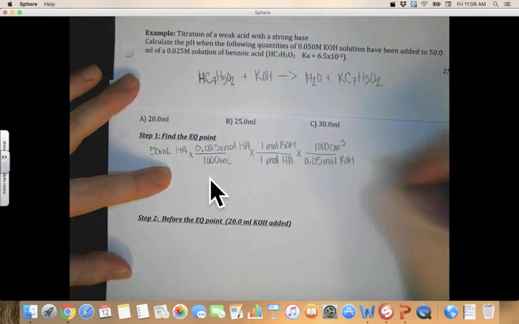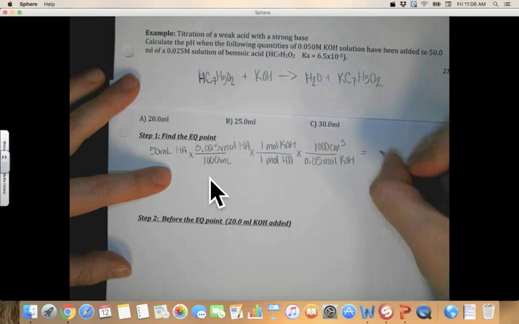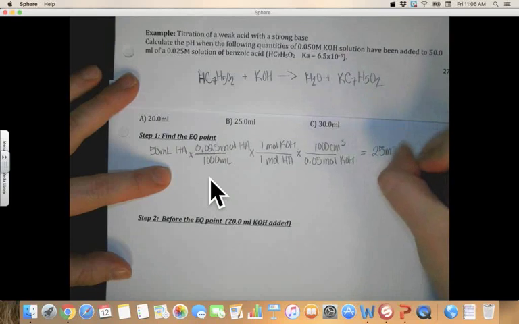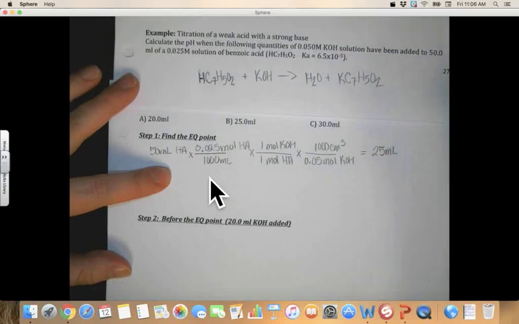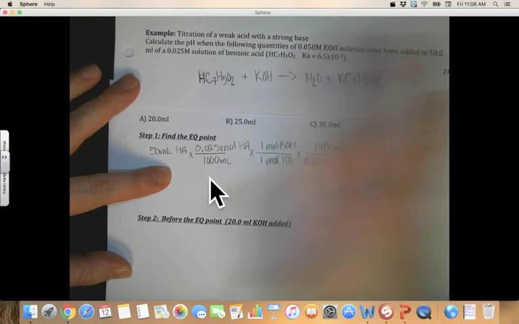Okay, and if we do all of our math, we find out that 25 milliliters is the equivalence point.